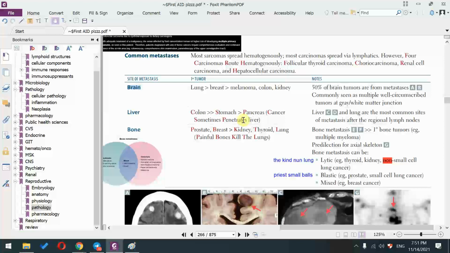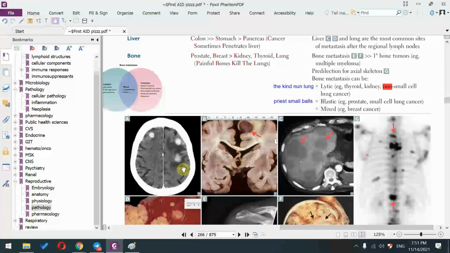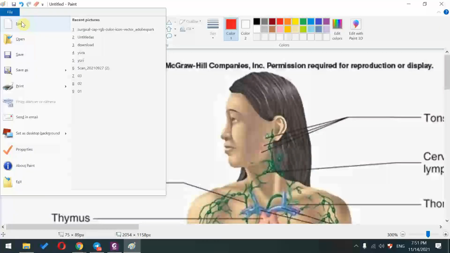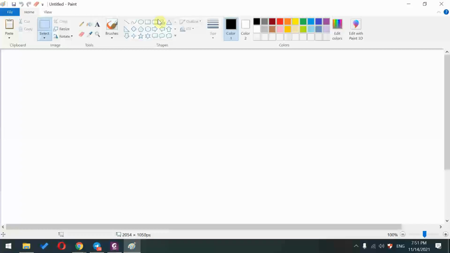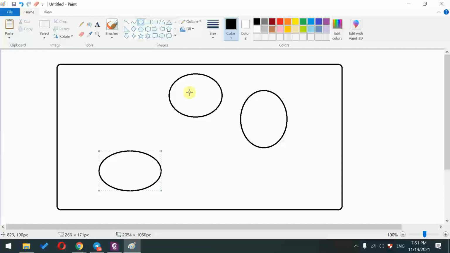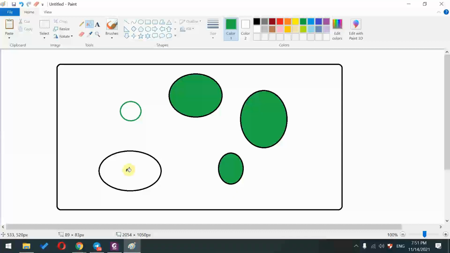Okay. So 50% of brain tumors come from metastasis, as you can see here. You are like, okay, how can I look at a picture like this and know that this is a metastasis, not a primary tumor? Guys, this is just a general rule, and of course it has its exceptions. But in general, if you take a look at an organ and you have multiple foci of the tumor not touching each other, all over the place, that's a metastatic cancer.